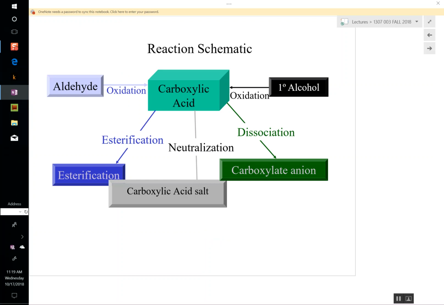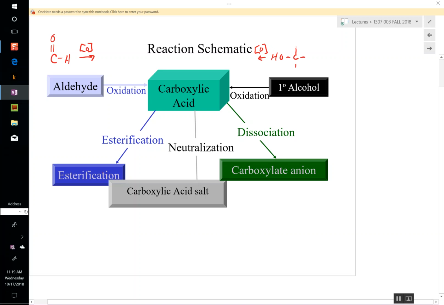Okay, that pretty much finishes chapter 14. The last 2 slides are summarizing some of the reactions. So you oxidize an aldehyde, you get a carboxylic acid. You oxidize a primary alcohol, you can get a carboxylic acid.